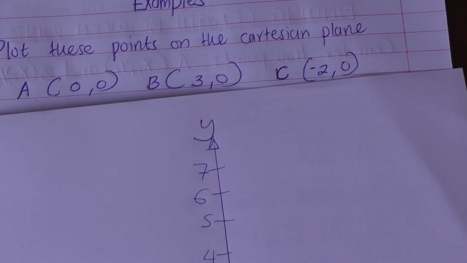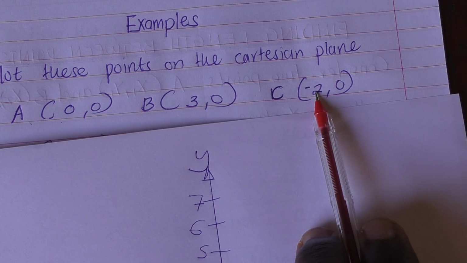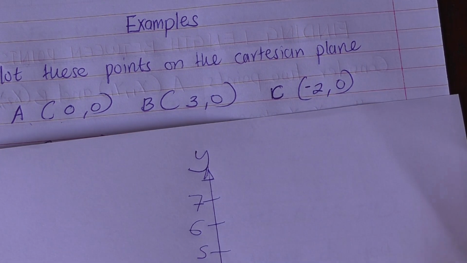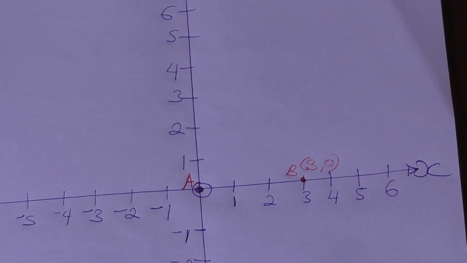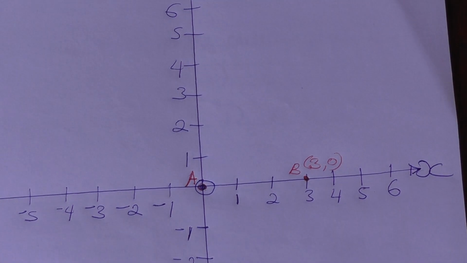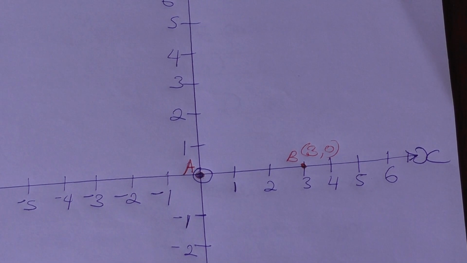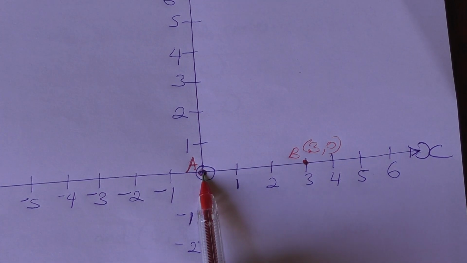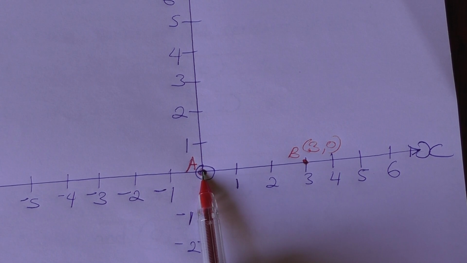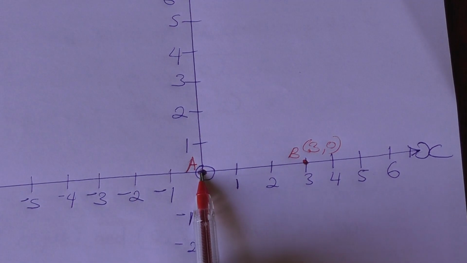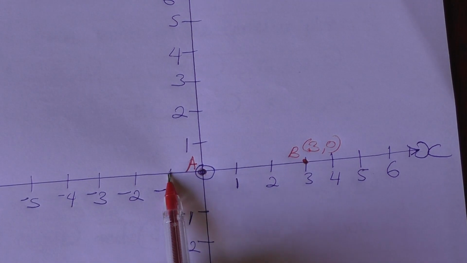Then point C is -2, 0. So the first figure is always an x coordinate. So we start from the origin and look for -2, or we move 2 steps on the left of the y-axis. That is 1, 2.